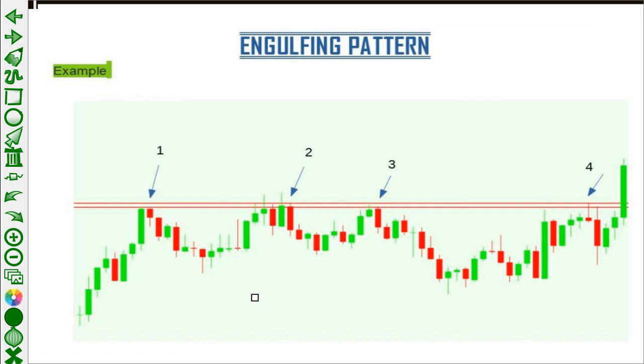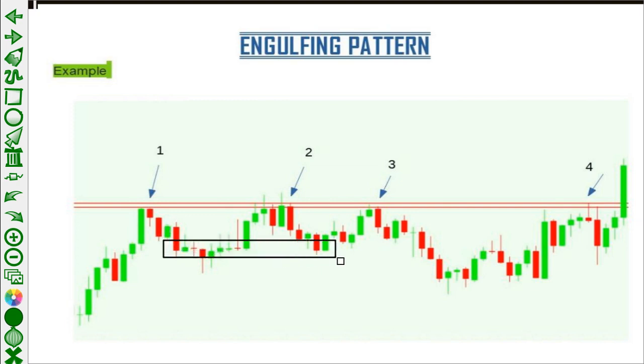And while seeing this chart, where are the minor buyers present? You can see after this candle, there are buyers.